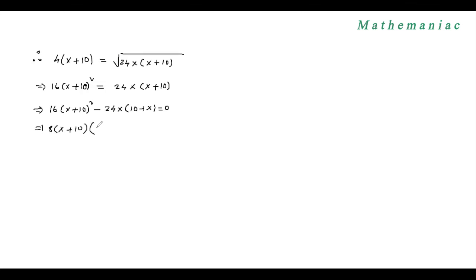If I take this, I'll be left with 2 times x plus 10, and then here I'll be getting 3x. So now you go for a small simplification, x plus 10, and 2x minus 3x will give you minus x, and then 2 into 10 will give you 20.